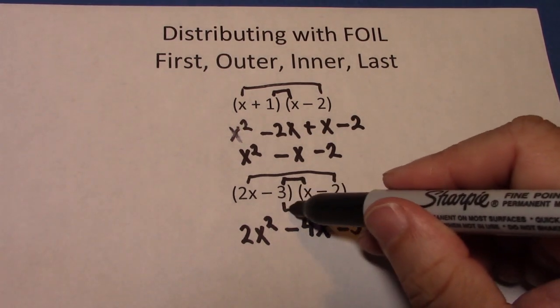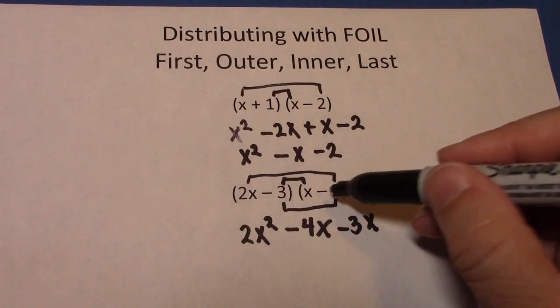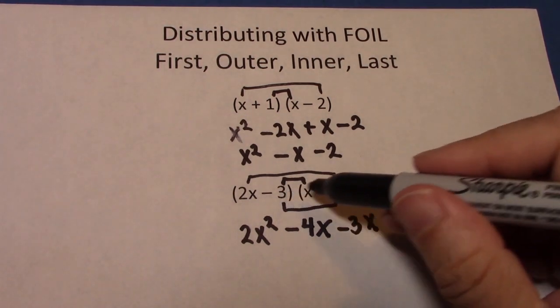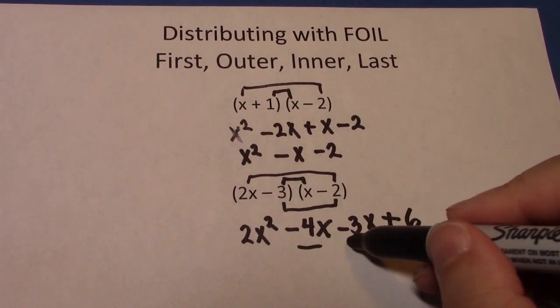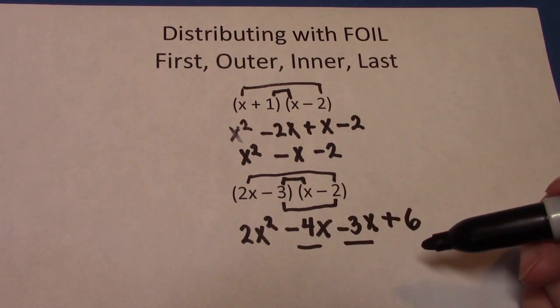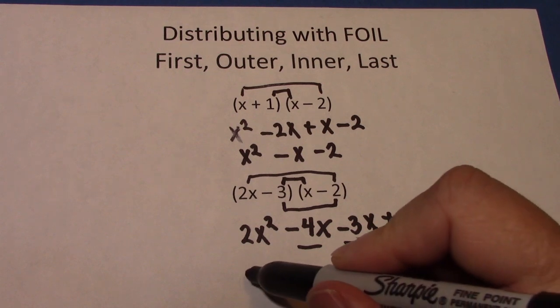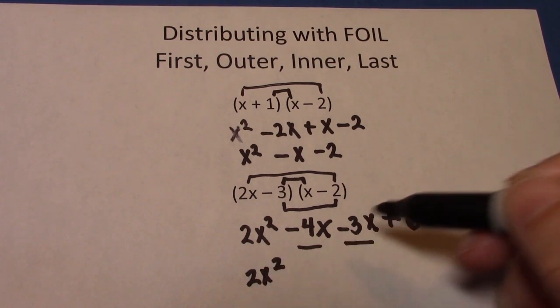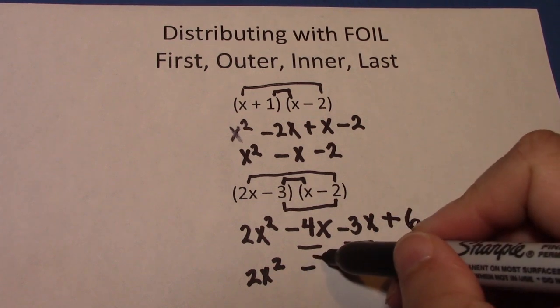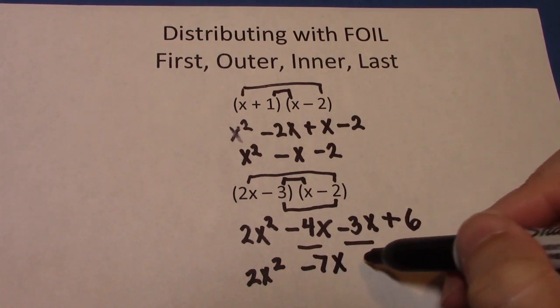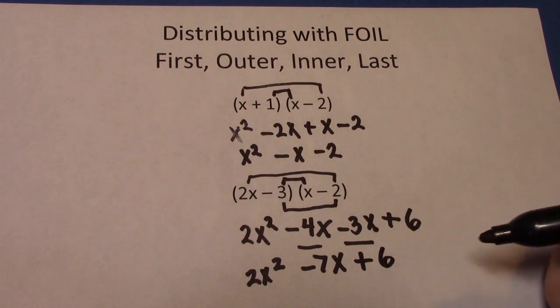And now the lasts, negative times negative is going to give me a positive, and 3 times 2 is 6. Again, this results in common x terms that are like terms that can be combined. Minus 4 minus 3 is negative 7, and bring down the plus 6.